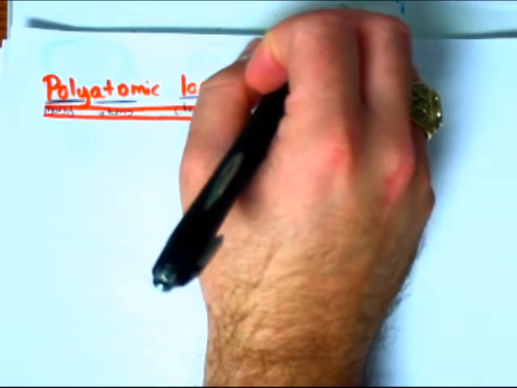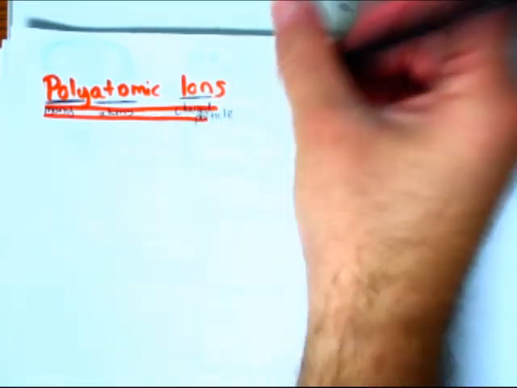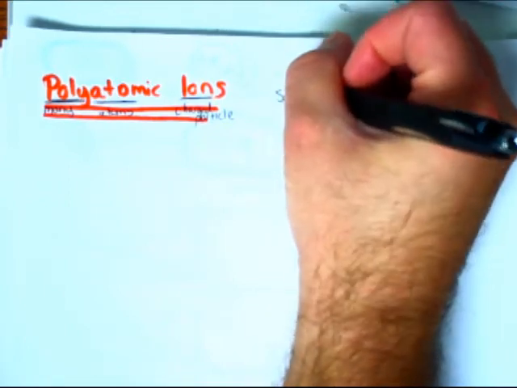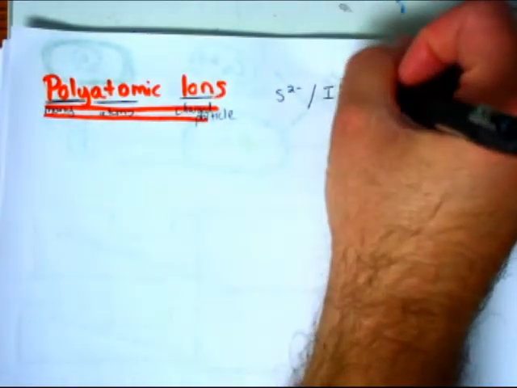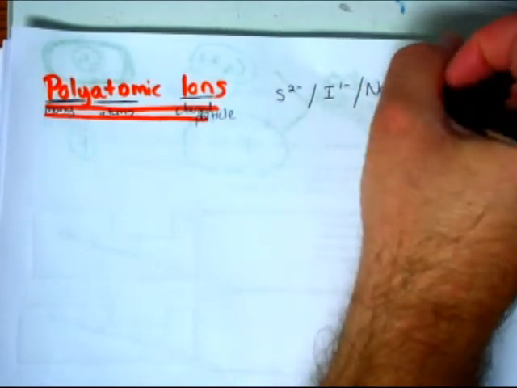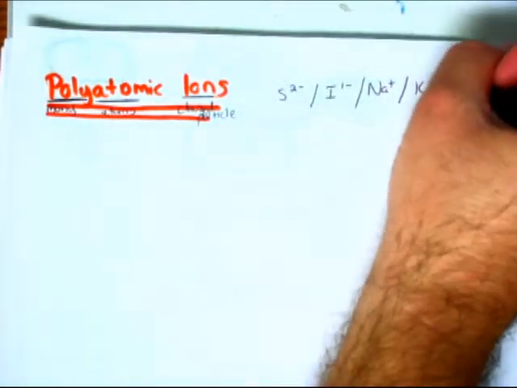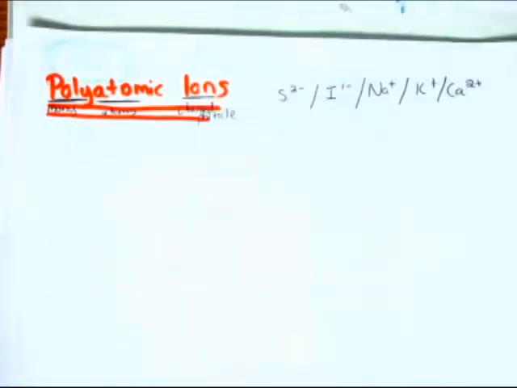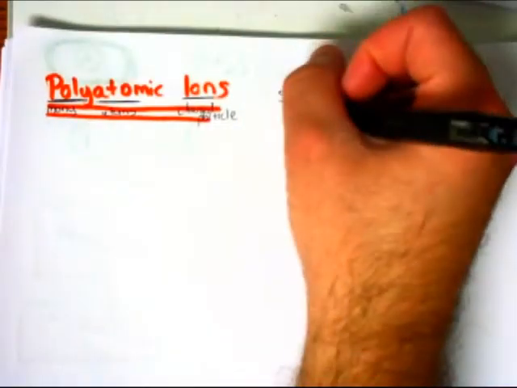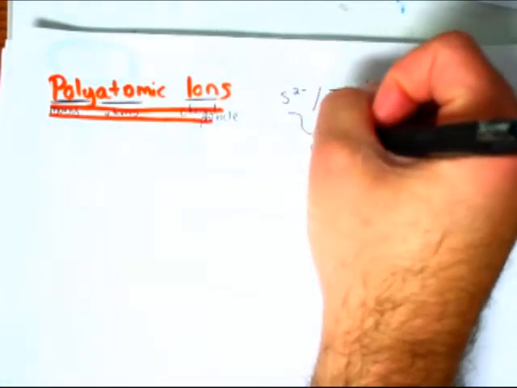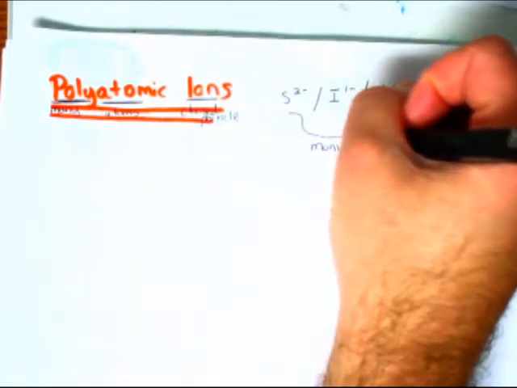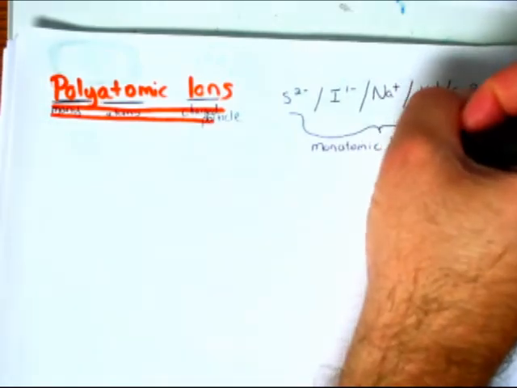You have seen monatomic ions before, like S2-, or I1-, or Na1+, or K1+, or Ca2+. You could write out a lot of these, could you not? These would not be polyatomic, they are monatomic ions.